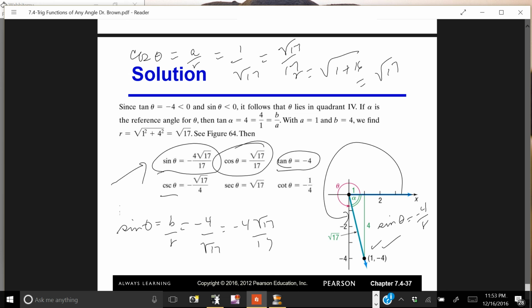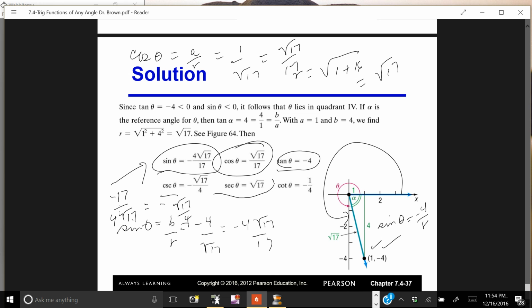Cosecant of theta would be 1 over sine, which would be minus 17 over 4 square roots of 17, which is equal to minus the square root of 17 over 4.